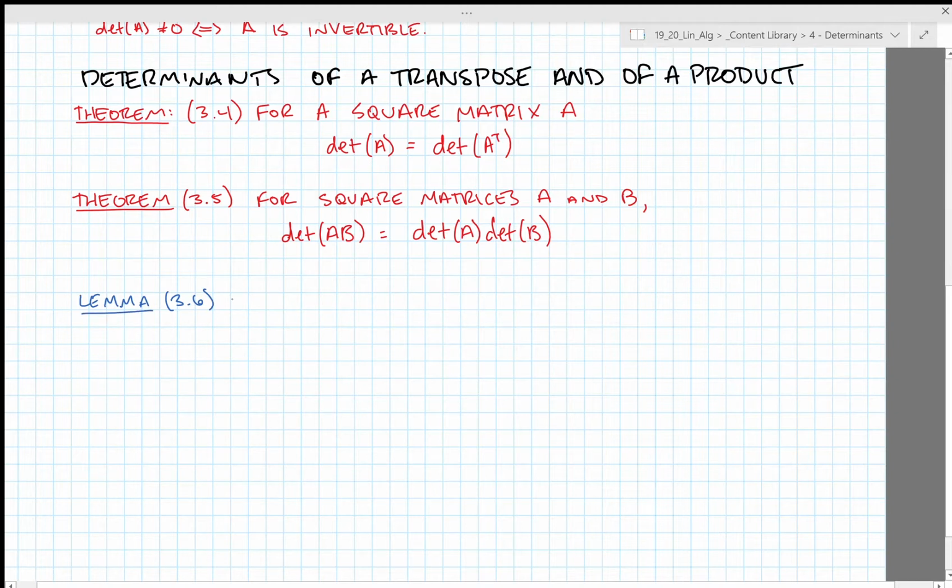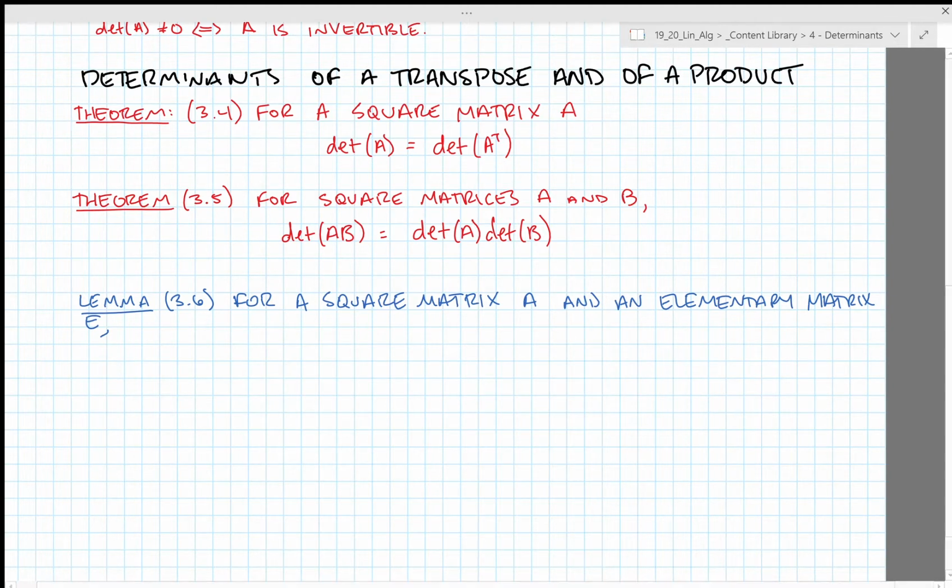Our lemma: for a square matrix A and an elementary matrix, which we'll call E. Remember, elementary matrices are the matrices that do the row operations for me. Swapping two rows, there's an elementary matrix that does that. Doing a row elimination step, there's an elementary matrix for that. Multiplying a row by a scalar, there's an elementary matrix for that.